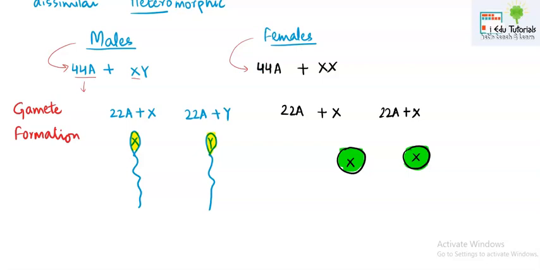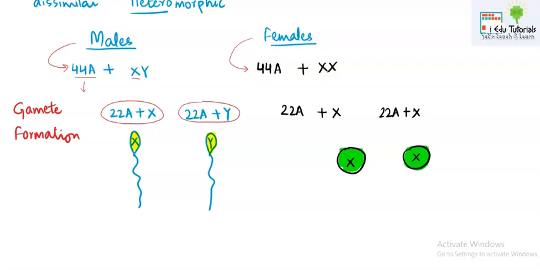Here I have shown one sperm with the X chromosome. So overall 22 autosomes will be there, along with that the sex chromosome will be X. Whereas in another sperm, again 22 autosomes will go, because the 44 autosomes will be divided into two parts, and the Y will go along with those autosomes. So here one sperm has been shown X, one sperm has been shown Y, because by meiosis the chromosome number gets reduced to half.